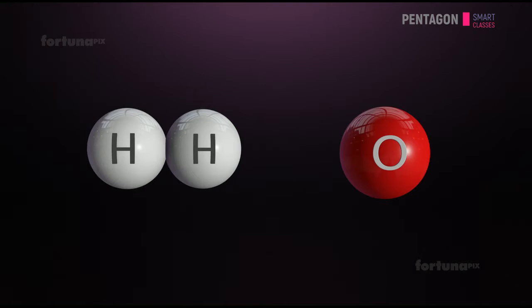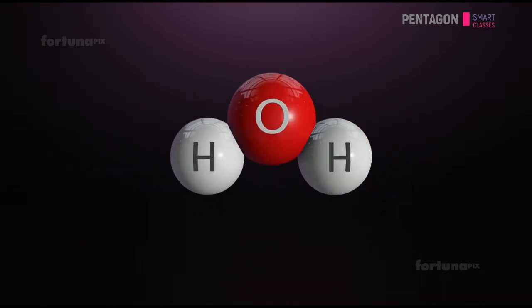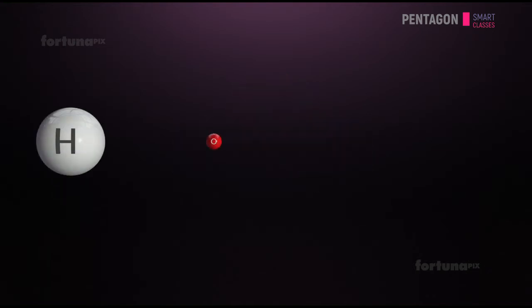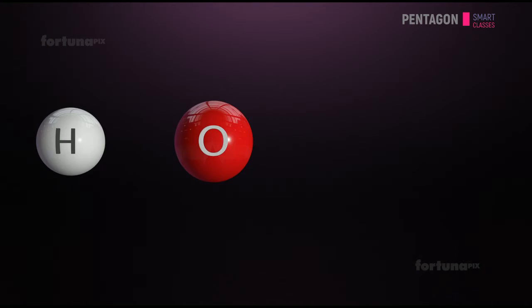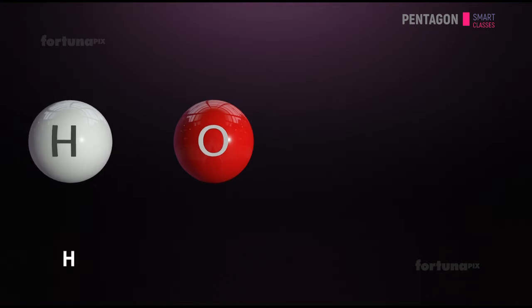As an example, let's look at the formation of water from a reaction between hydrogen and oxygen. In order to write this reaction as an equation, we'll begin by placing the chemical symbols of our reactants, in this case H for hydrogen and O for oxygen, on the left side of our equation.